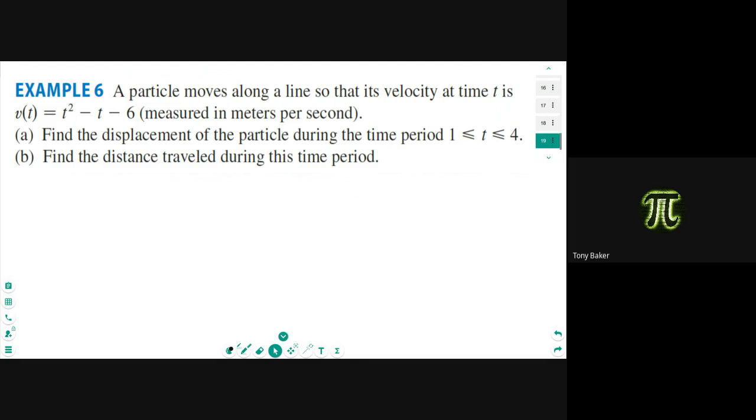So the question really comes down to being, did the particle change directions while it was traveling between 1 and 4 seconds? So how can we figure that out?